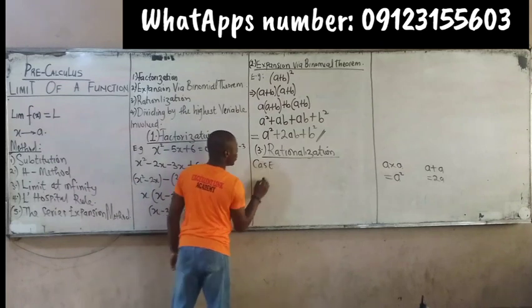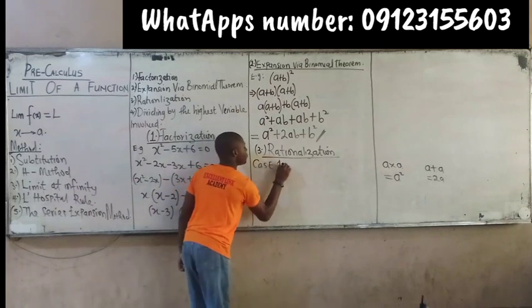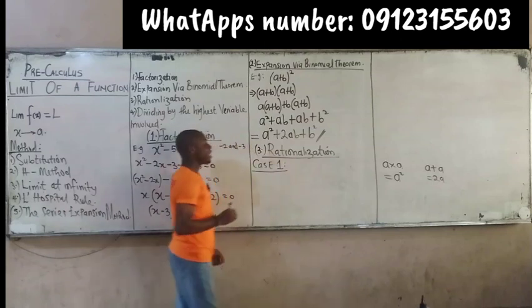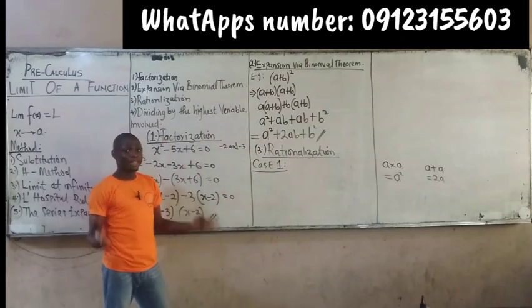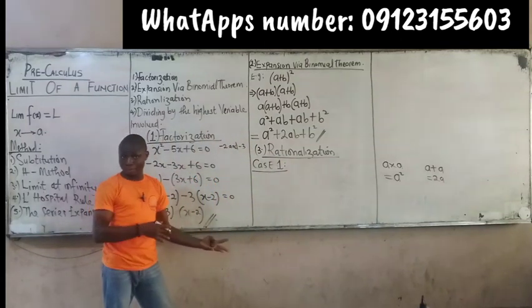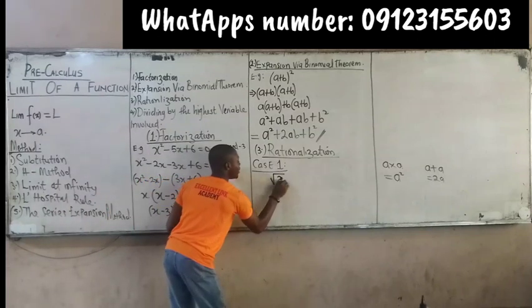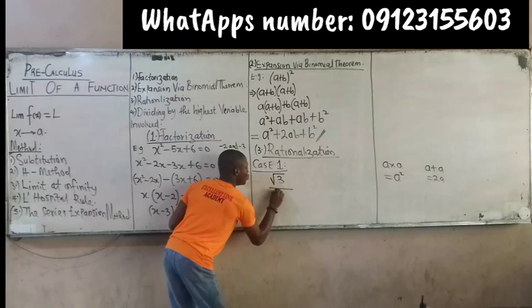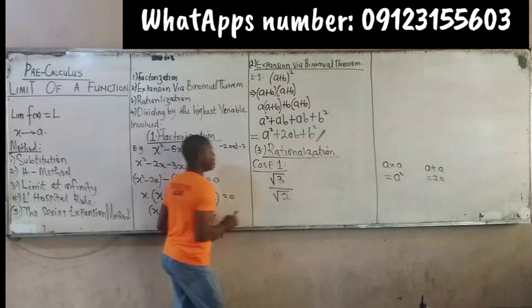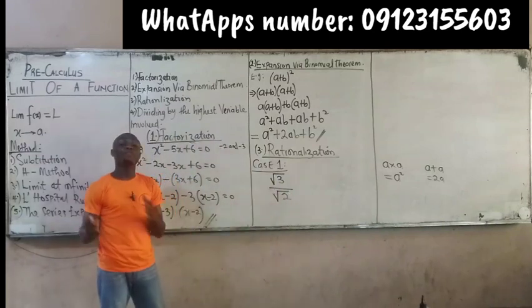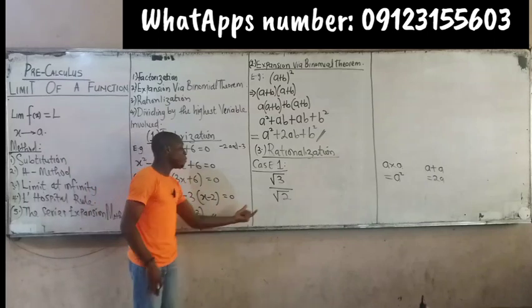Case one, let's say I have a simpler term. What do I mean by simpler term? If I have root 3 over root, let's say 2. In mathematics, it is not proper leaving your denominator answer as a root.